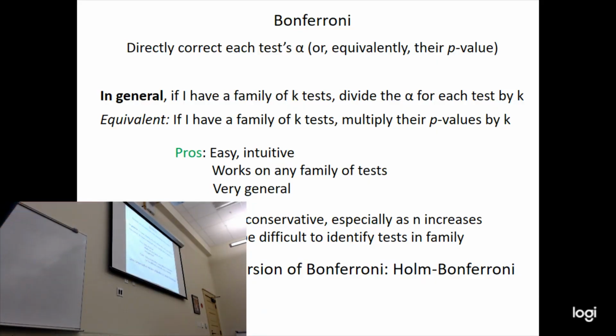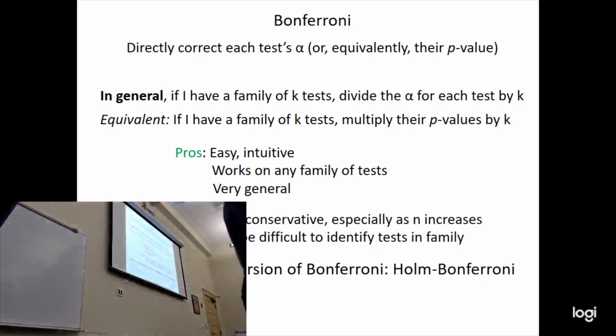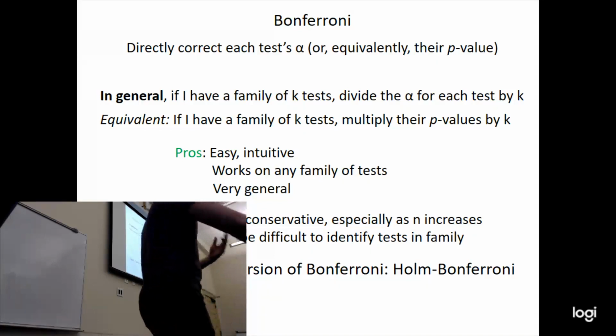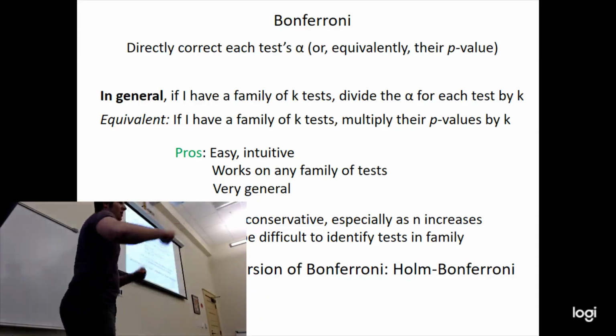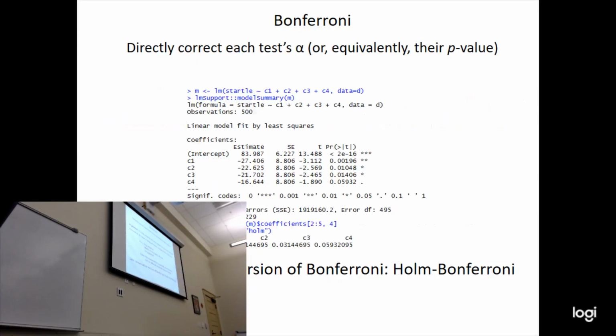So just be aware, this is a fine procedure. I think it's perfectly good, and I recommend it. But it will result in power loss if the null hypothesis is actually false. So you should design your study with that in mind, like getting a lot of data, or do some other things to offset that power loss.